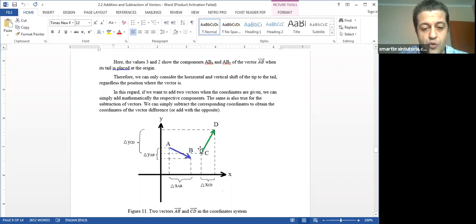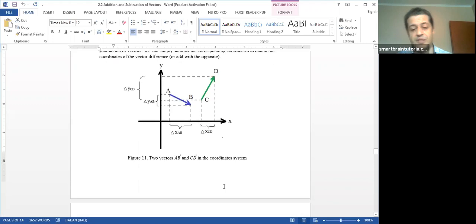And if you are going to add the y coordinate of the vector CD with this one, you are not going to add mathematically, but you are going to subtract, because the vector CD is going upwards, the vector AB is going downwards. You are going to take the difference here, and here the sum, because they are moving in the same direction, on the right in this case.